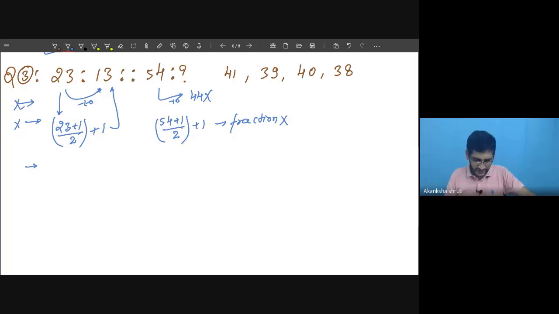They are not able to get any simple relation. Or we may think it is like 25 minus 2, and 16 minus 3. Obviously, you can think of this also. Means it is like our 5 square minus 2, and this is like our 4 square minus 3.